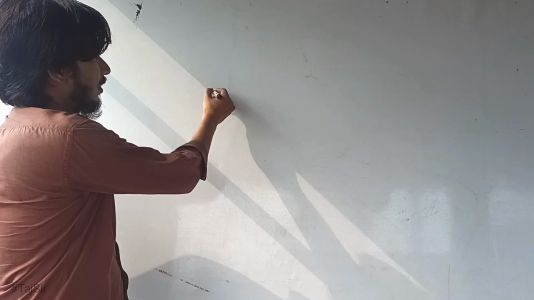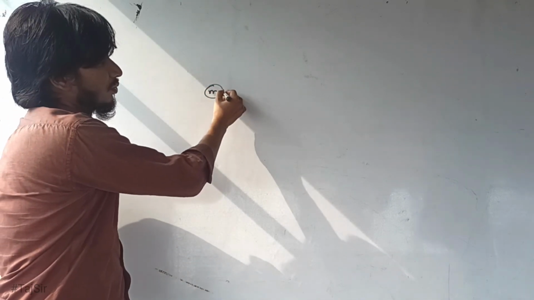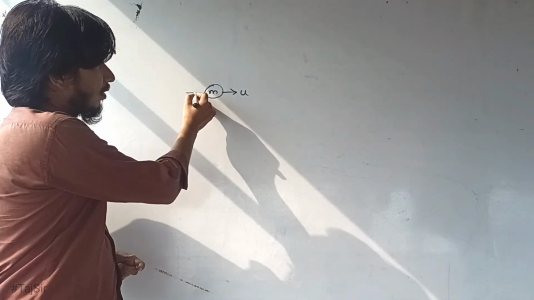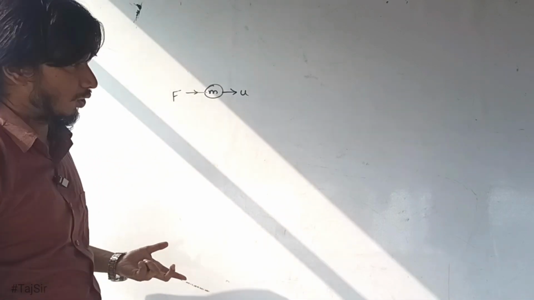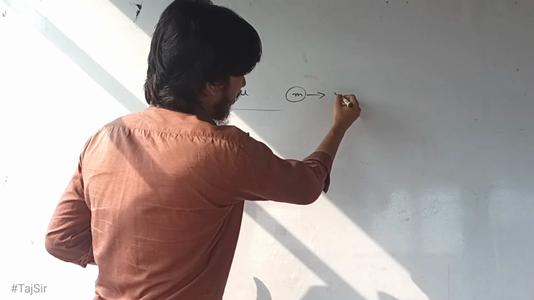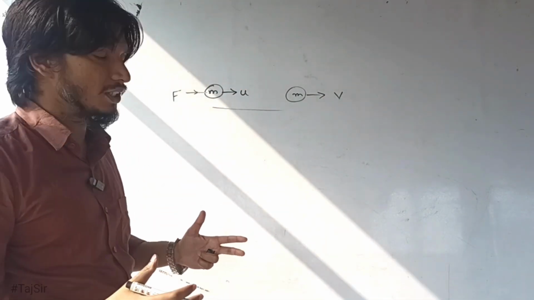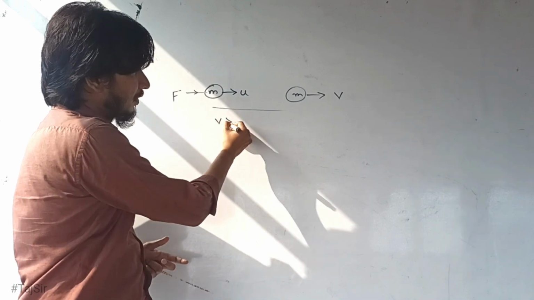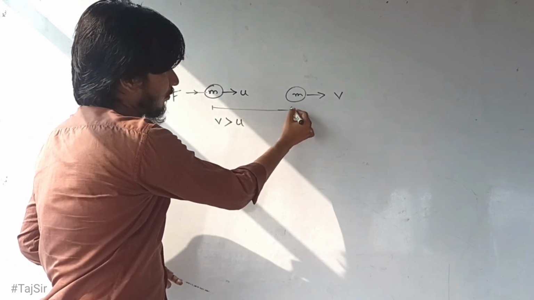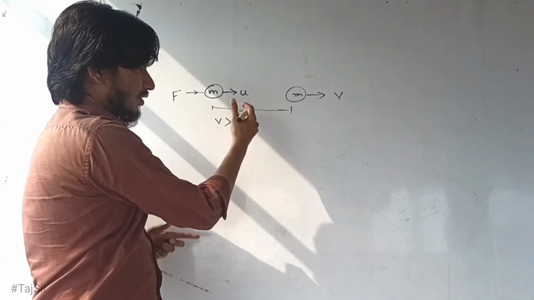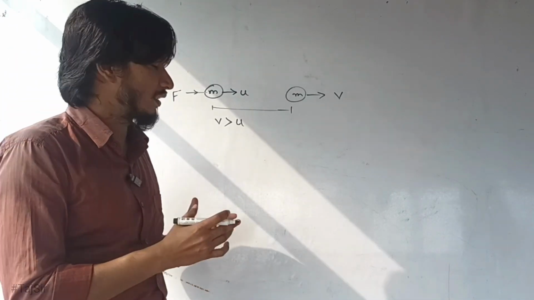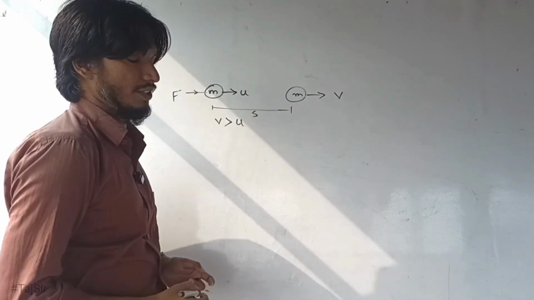Suppose an object of mass m is moving with an initial velocity u, and when a force F is applied, this object starts to move with velocity v, that is, its velocity increases. Obviously we are assuming that v is greater than u, and say this force has acted for some time, and during the application of force, it has moved a distance or displacement s.